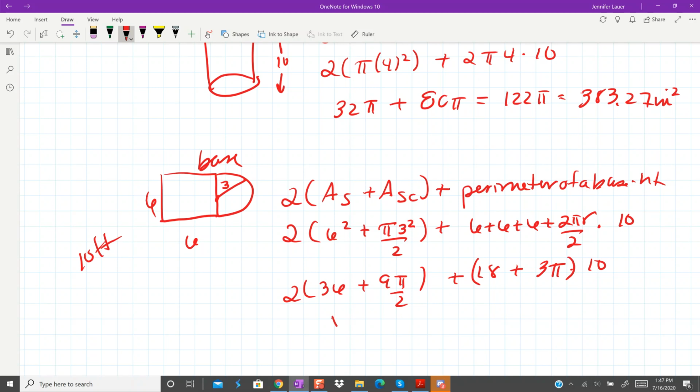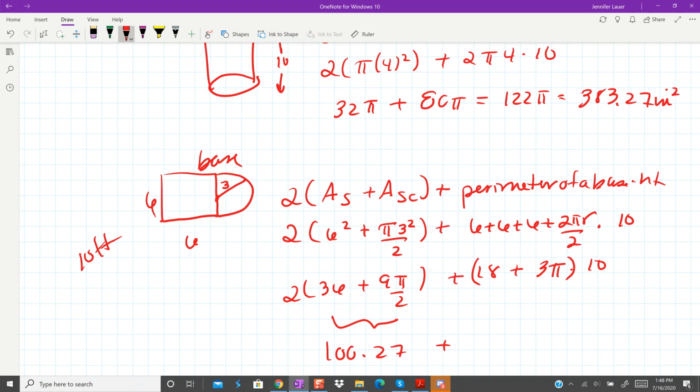So I'm going to go ahead and do this part first. I'm going to grab my calculator, and I'm going to say 36, well, let's do 9 times pi divided by 2 plus 36 times 2. So this whole thing is going to be 100.27 plus 3 times pi.